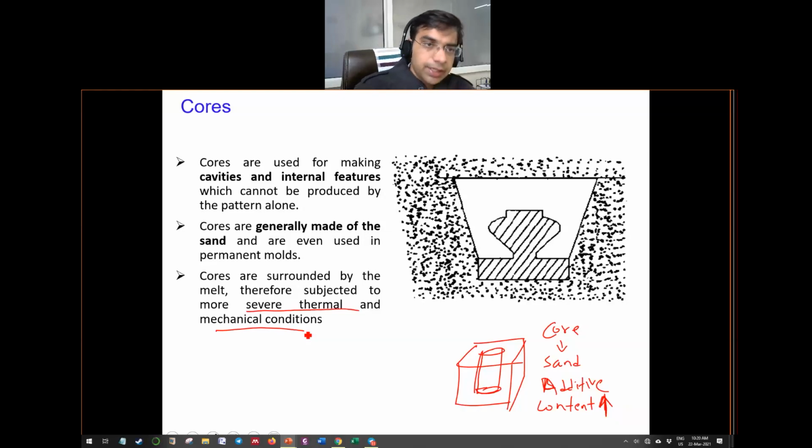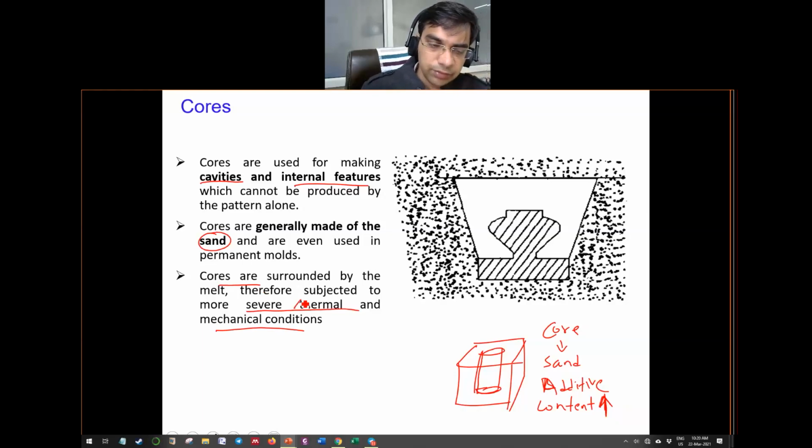So what is important here, what is the application of core? It is basically to create cavities or internal features. They are also made up of same sand, but in that the additives and binder are on the higher side. Why is this done? Because cores are subjected to more severe conditions of mechanical and thermal conditions.